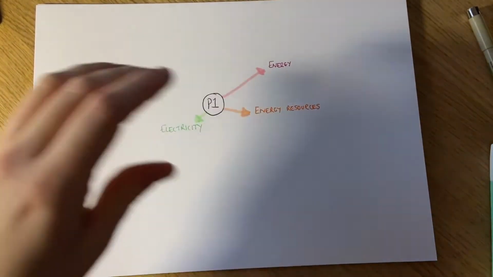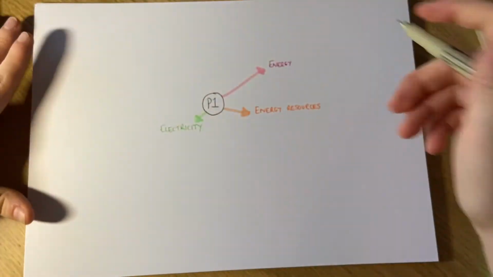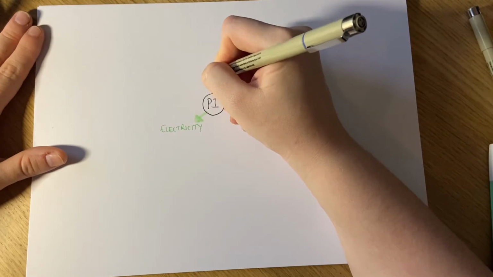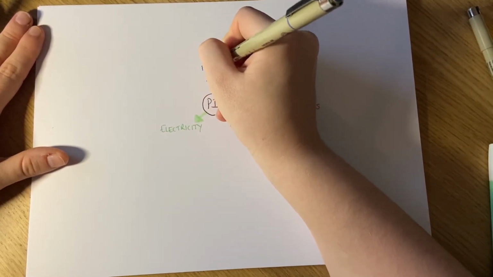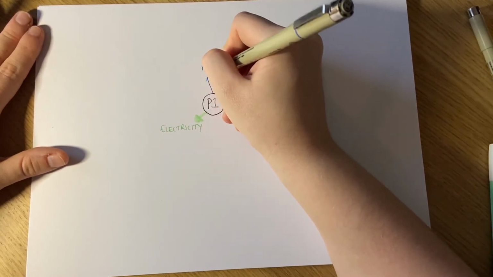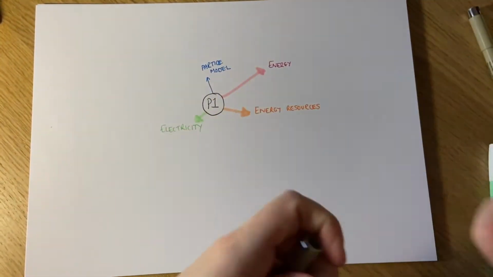Then we have the particle model, which should be something you guys are able to do. But obviously I'm going to break it down further for you. If I could spell particle, there we go. We have got atomic structure.